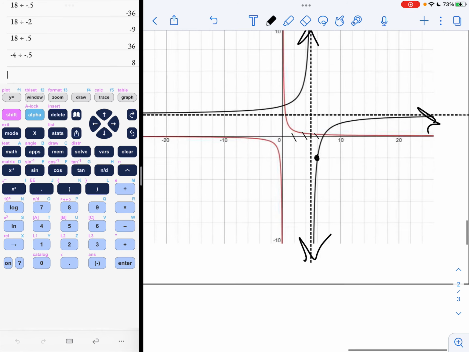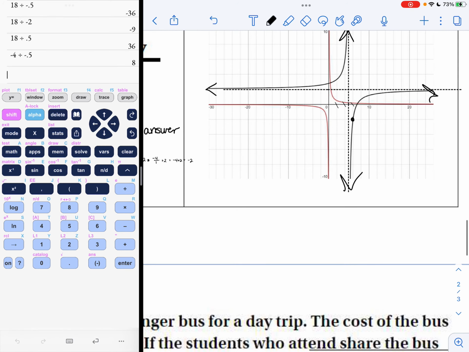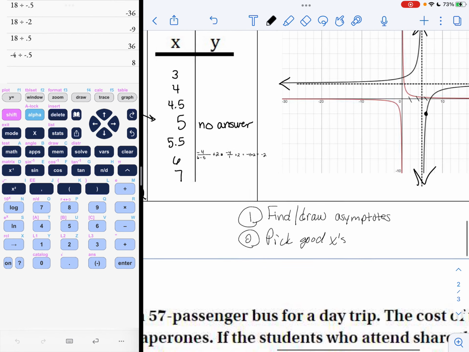So you can see the main things you need to do. Step 1, find and draw your asymptotes. Very big deal. Step 2, pick good x's. And how many did I pick?